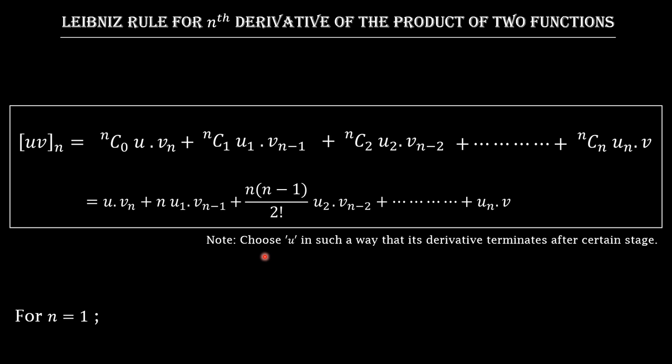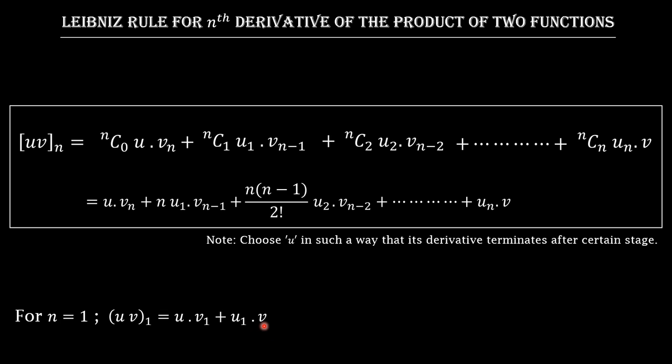Now just substitute n is equal to 1 in the above formula, students, so that the formula reduces to the form: the first derivative of u into v is equal to u into the first derivative of v plus the first derivative of u multiplied with v.